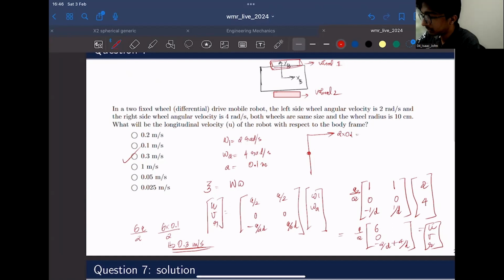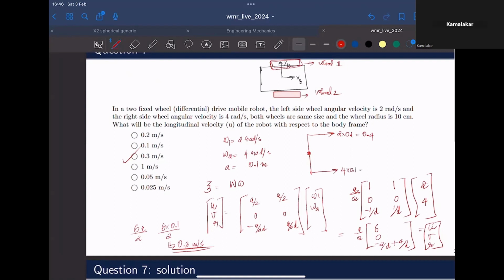This will be 0.2. And the right hand side wheel will have 4 times 0.1, right? This will be 0.4.